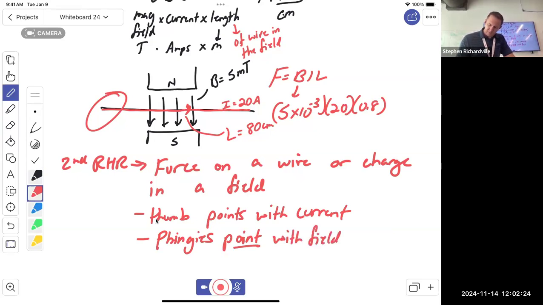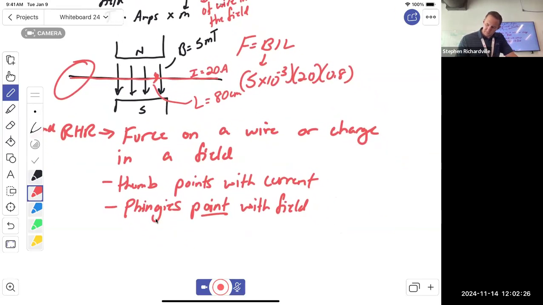A little confusing when the B and F are in the same. Yeah, okay. So Ishan's hitting a really good point we're going to talk about in just a second.